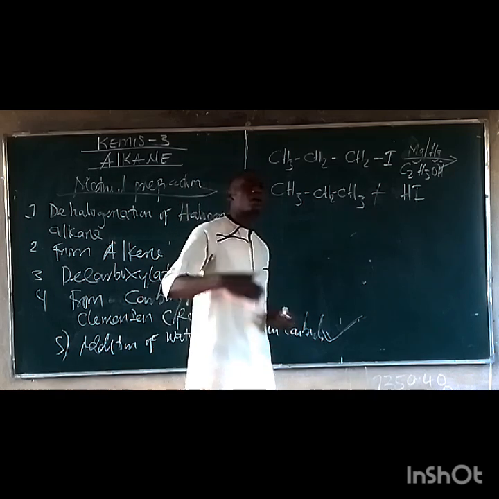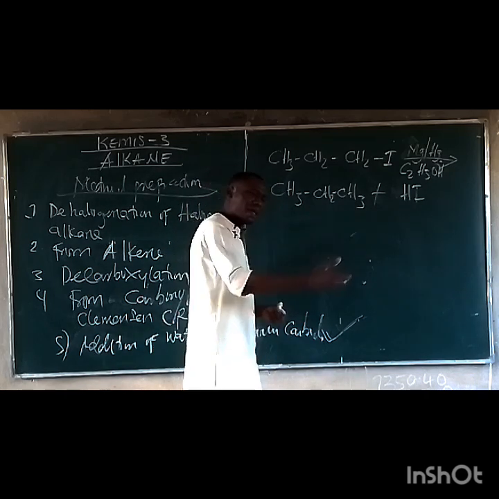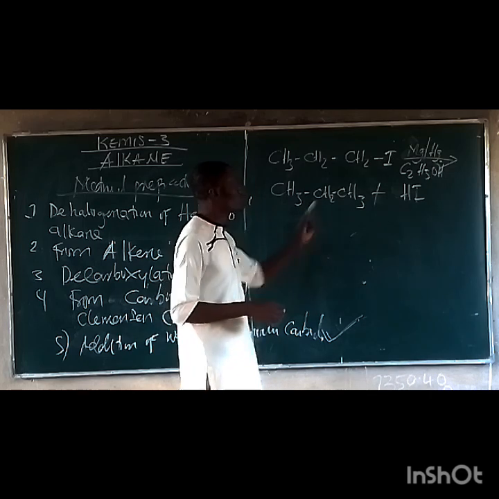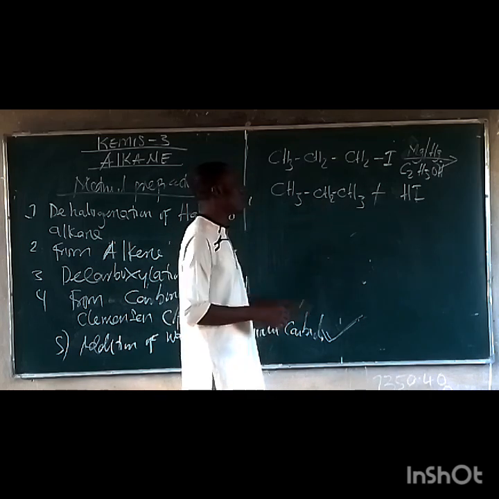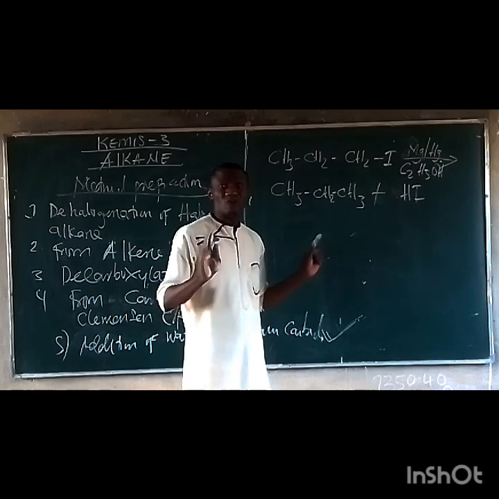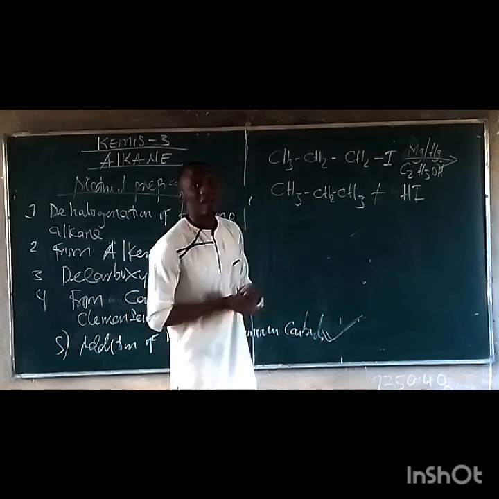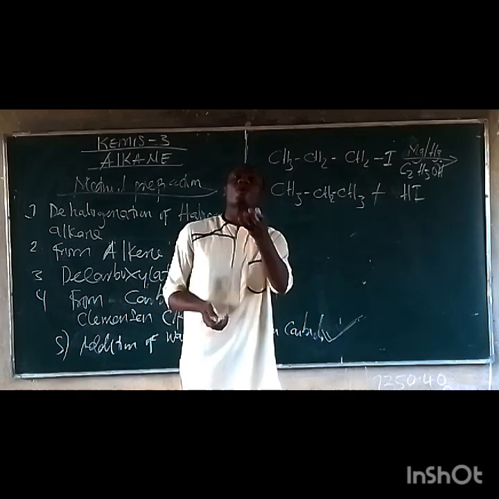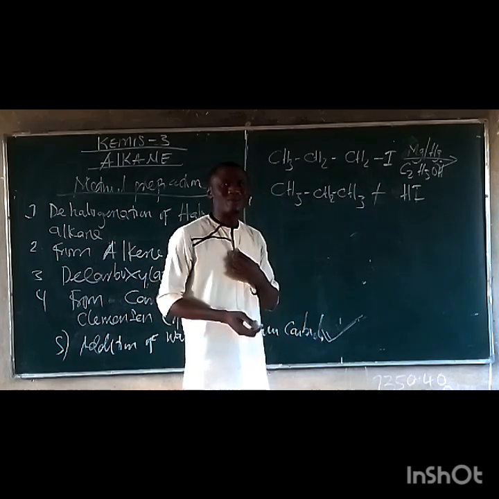For you to use the chloroalkane or the bromoalkane, you need another reagent, which is not the magnesium amalgam in ethanol. But for the sake of safety, it is advisable that you use iodoalkane, because if you use fluoroalkane, it's explosive.